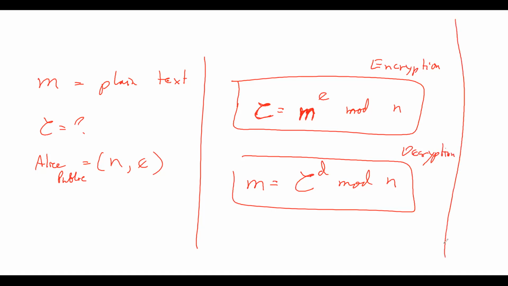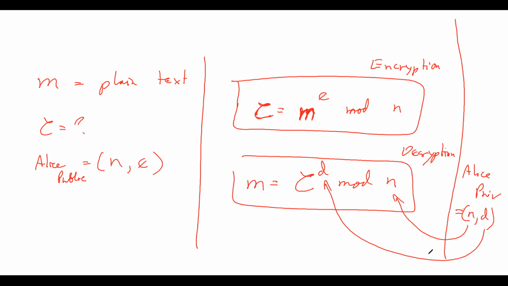So on the side of Alice, Alice has her private key, and her private key is made up of N comma D. Therefore, she knows N and she knows D. So really D is the secret that she must keep secret, because N is in the public key.